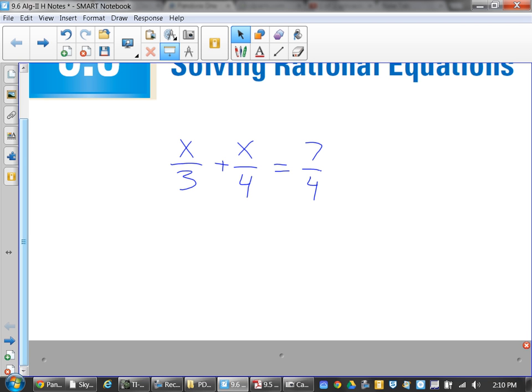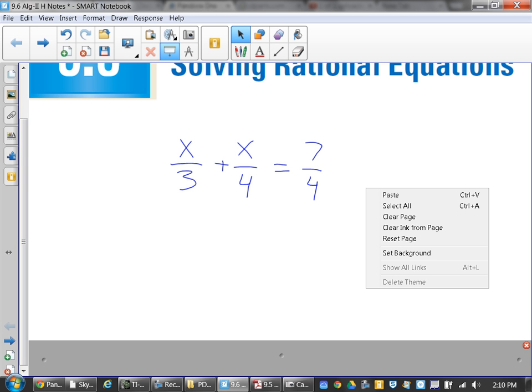To do that, I'm going to multiply both sides of the equation by the common denominator. Yesterday you couldn't do that because you did not have an equal sign. When you have an equal sign, you're able to keep things balanced on both sides, because remember, numbers are jealous. What you do to one side, you have to do to the other. So what's going to be the common denominator of 3 and 4? 12.